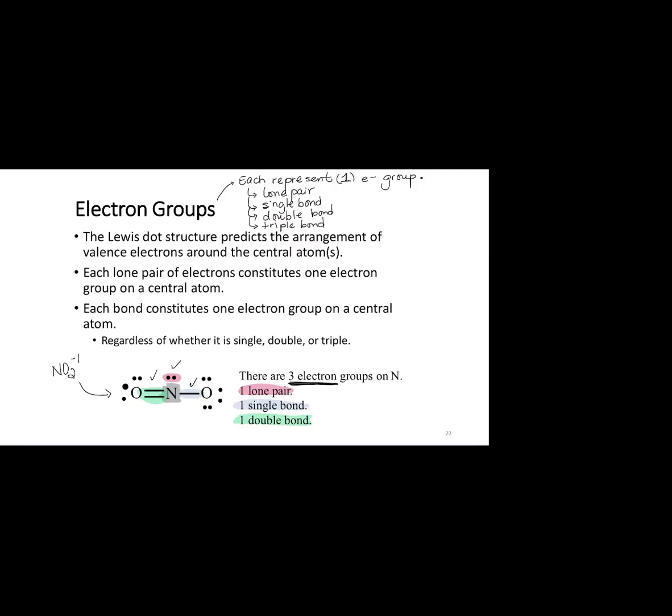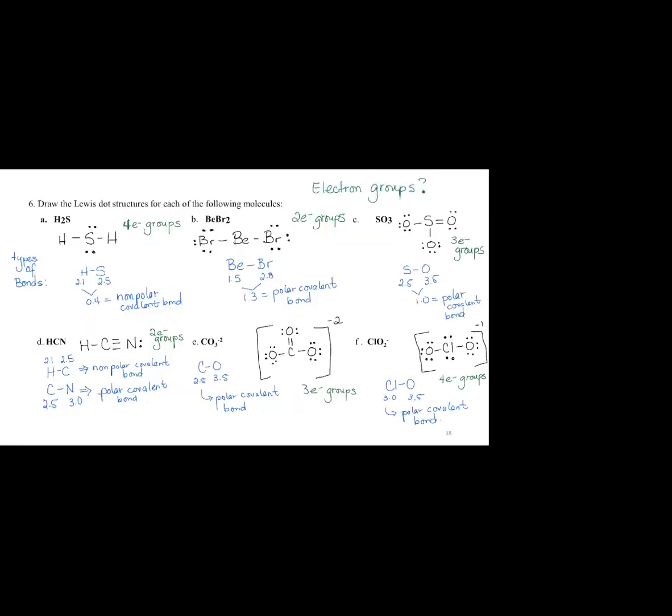Any of those flavors, lone pair, single bond, double bond, triple bond, is one electron group. So put a 1 in the chat if you understand how to define what the electron groups are in a molecule.